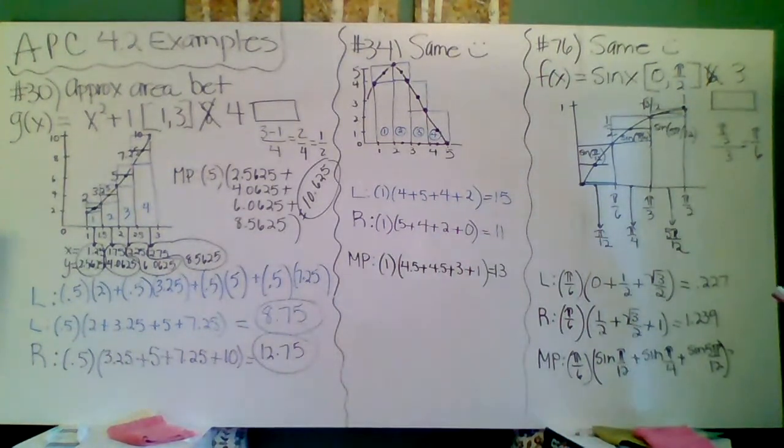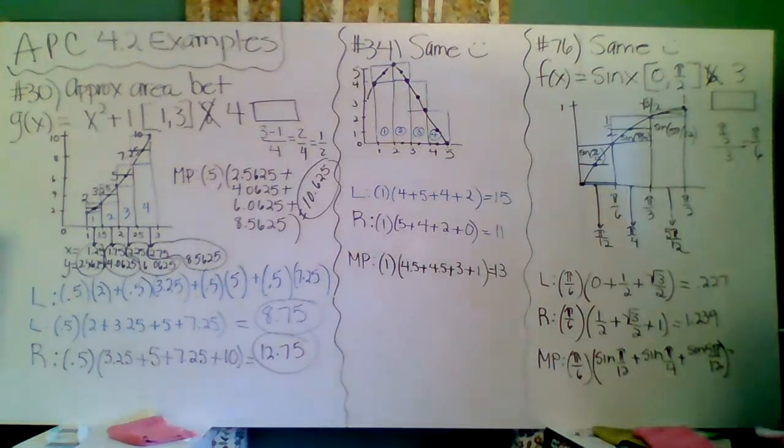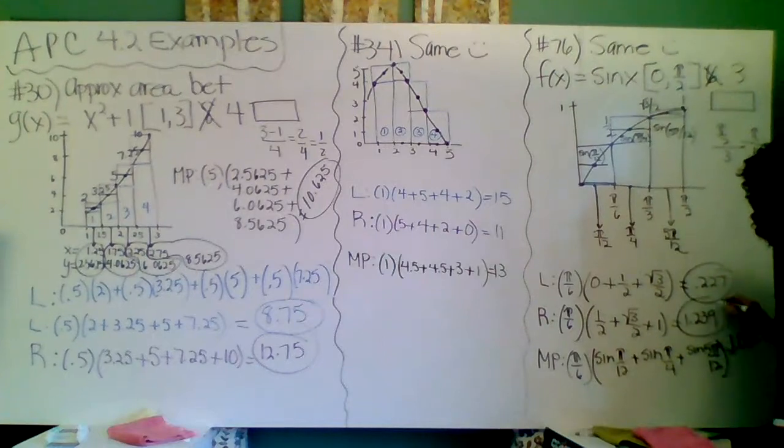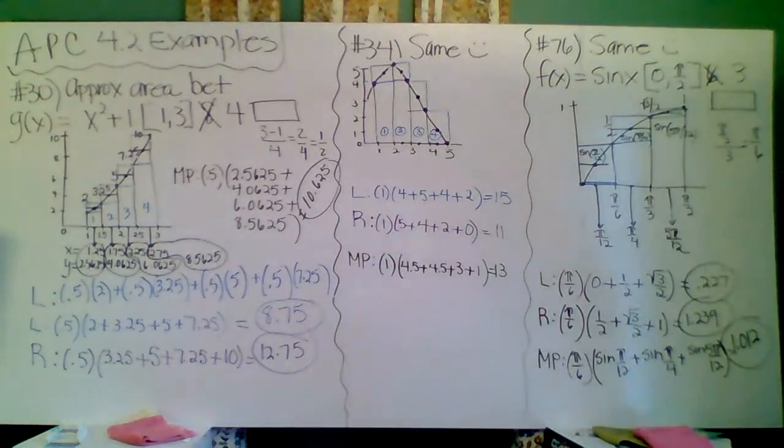Okay, I am in radian mode, and let's do sine of pi divided by 12 plus sine of pi divided by 4 plus sine of 5 pi divided by 12, and I'm going to multiply that by pi divided by 6. 1.012. And notice that is in between the left and the right.